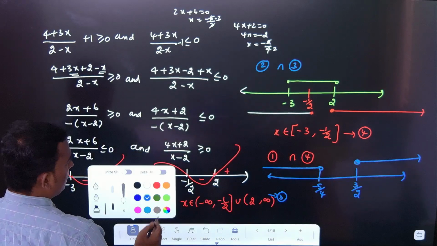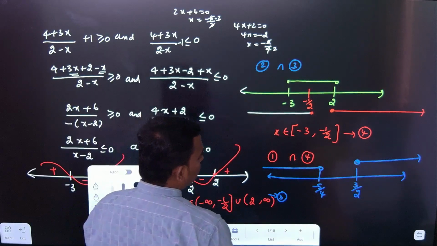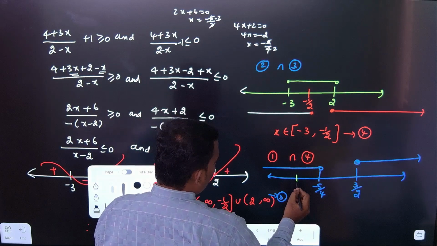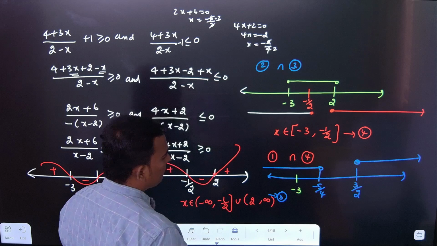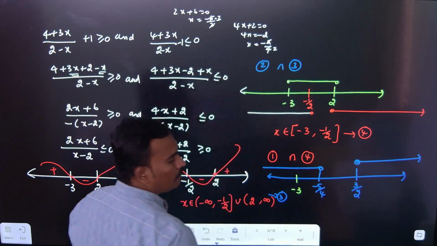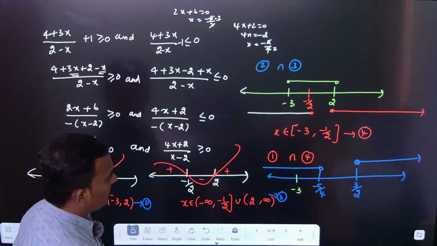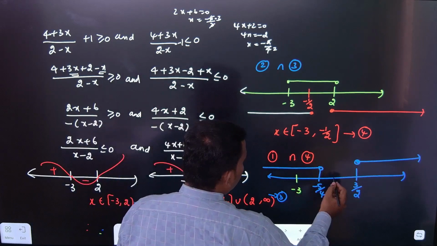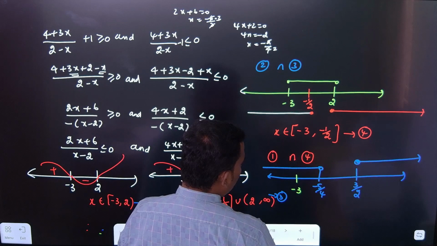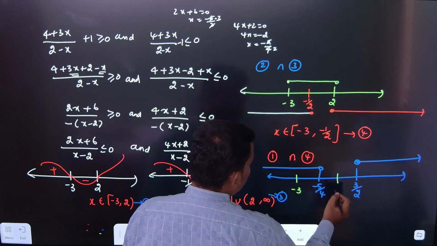Next one, you can see minus 3. So definitely this is minus 1 point something. So definitely minus 3 would be somewhere here. And then minus 1 by 2. Minus 1 by 2, you can see where it is. Minus 1 point something will be there. Definitely here, right?